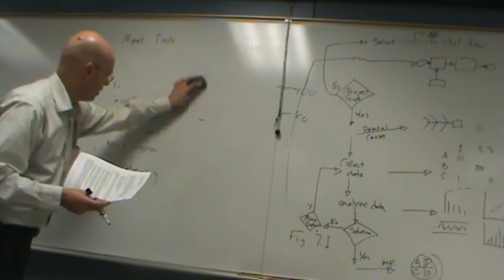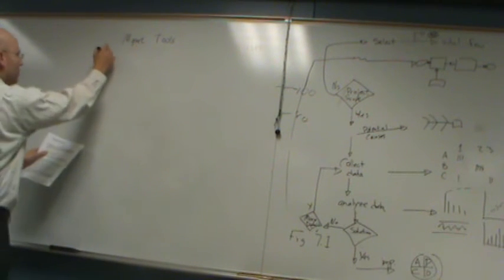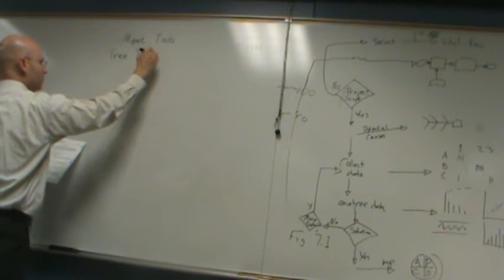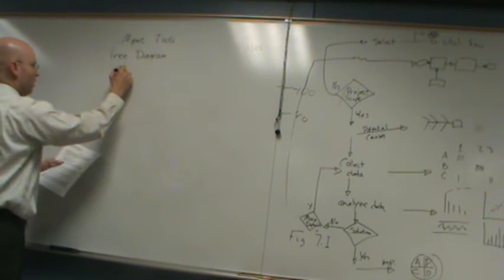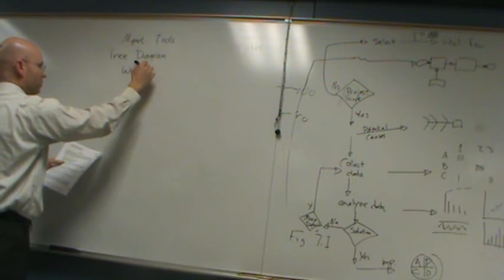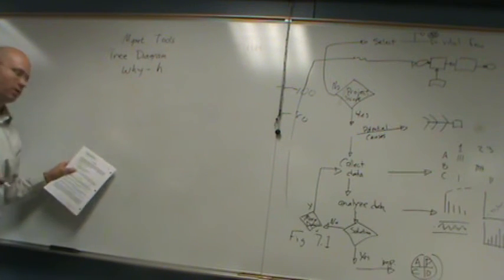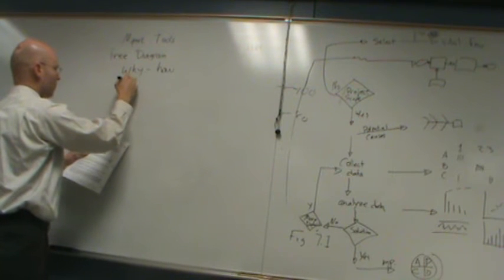Okay, the next one we're going to do is a tree diagram. And this is similar to some other things that we've talked about, such as the House of Quality.